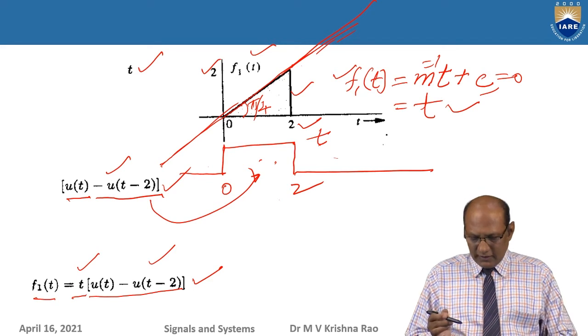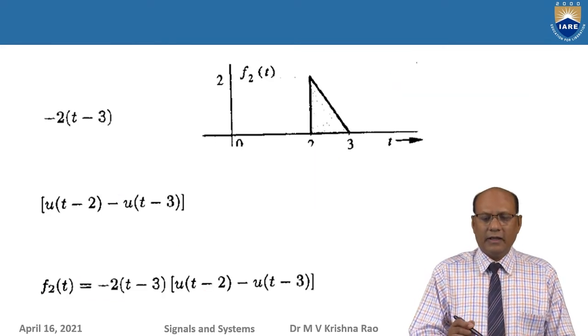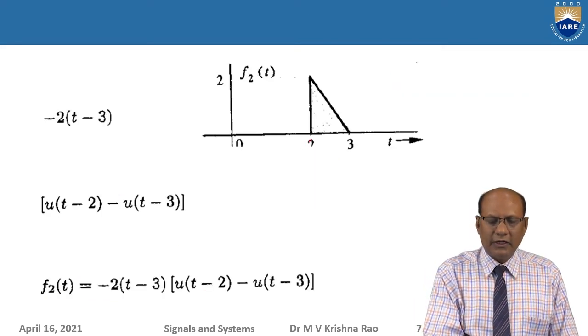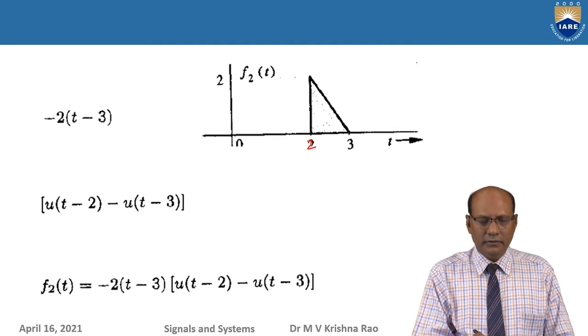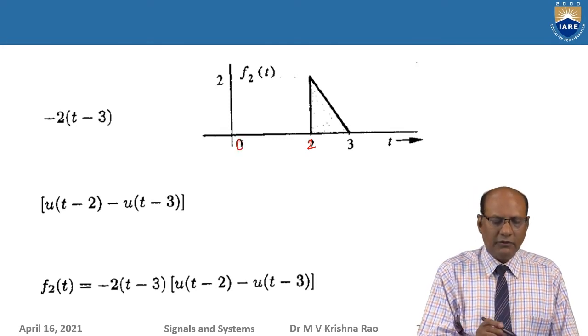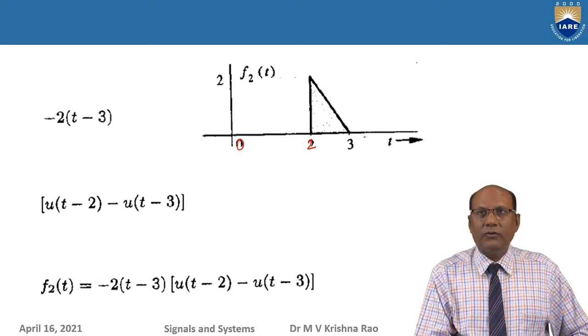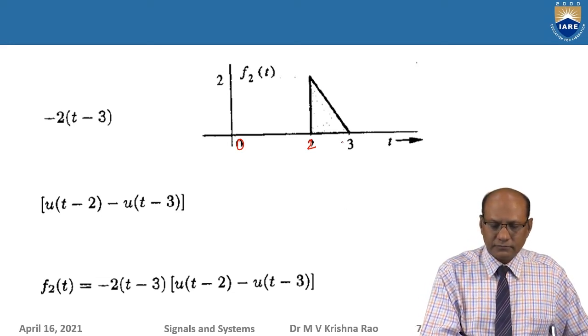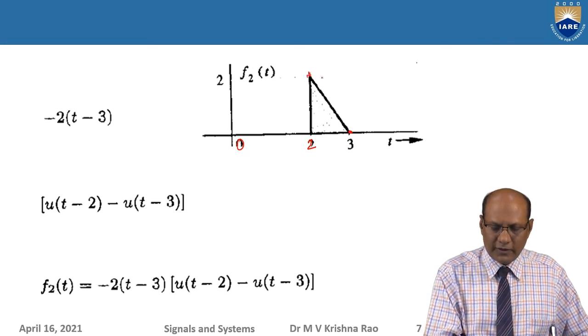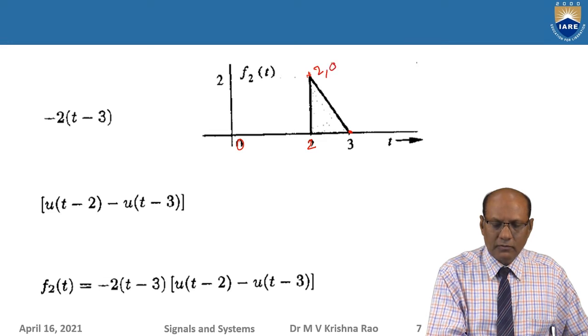So what is the second triangle? Second triangle is this one with negative slope between 2 and 3. So what I have to do now? I have to find the slope of this one. First point, what is the first coordinate here? 2, 2.